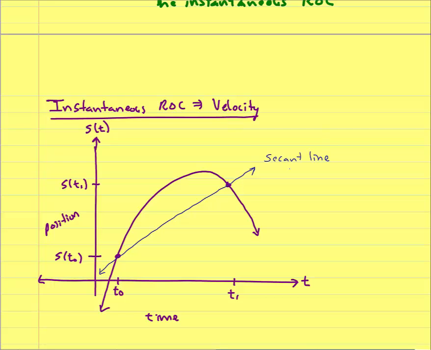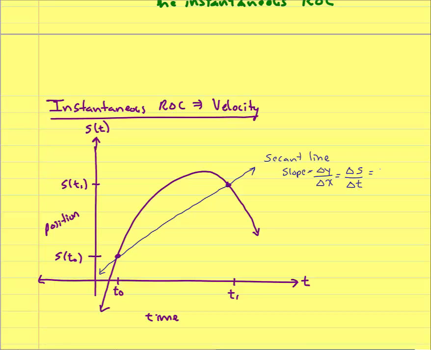So when I talk about the slope of this secant line, the slope would be the change in y over the change in x, which is the change in the vertical over the change in the horizontal. So this is our typical formula that we work with. When we talk about our change in y over the change in x, I'm talking about the change in position over the change in time.